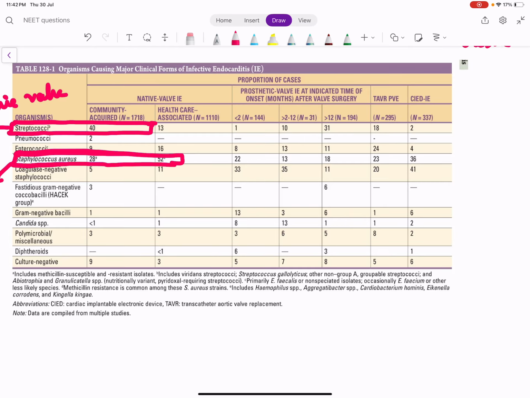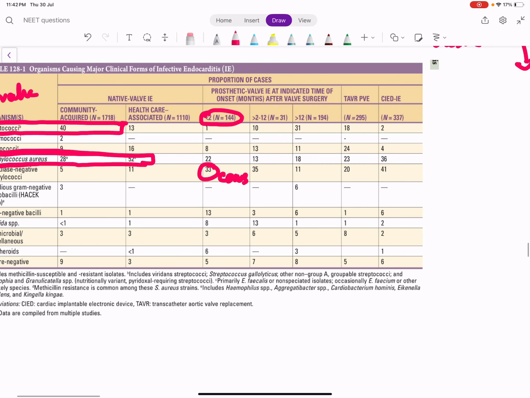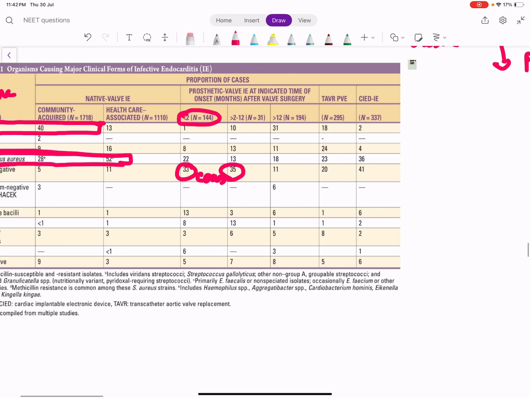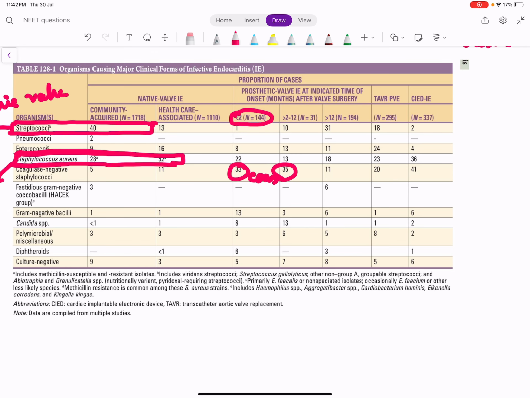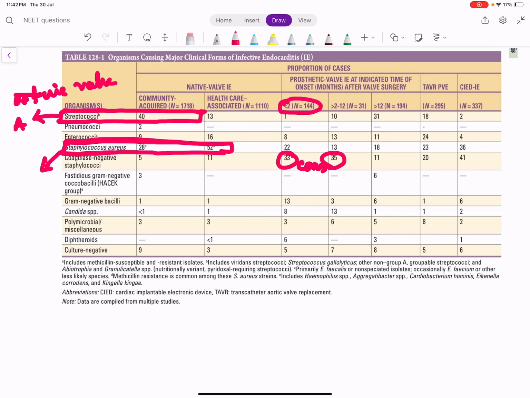And what about prosthetic valve insertion? Prosthetic valve endocarditis less than 2 months is again Staphylococcus, especially coagulase negative Staphylococcus. 2 to 12 months also it is coagulase negative Staphylococcus. Suppose more than 1 year, prosthetic valve endocarditis will be similar to the community, so it will be Streptococcus group, like Streptococcus viridans.